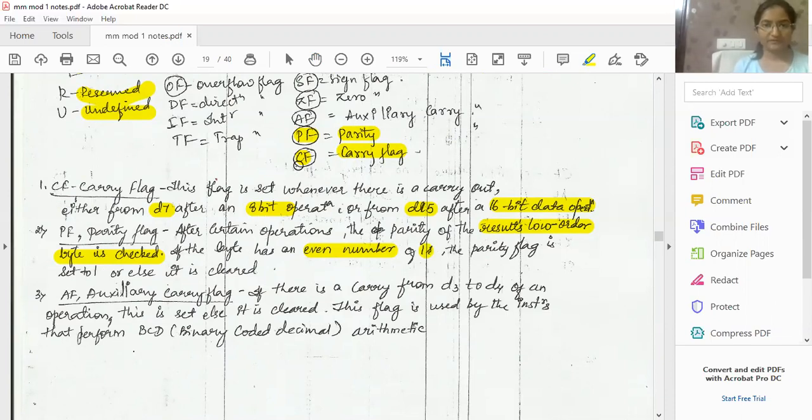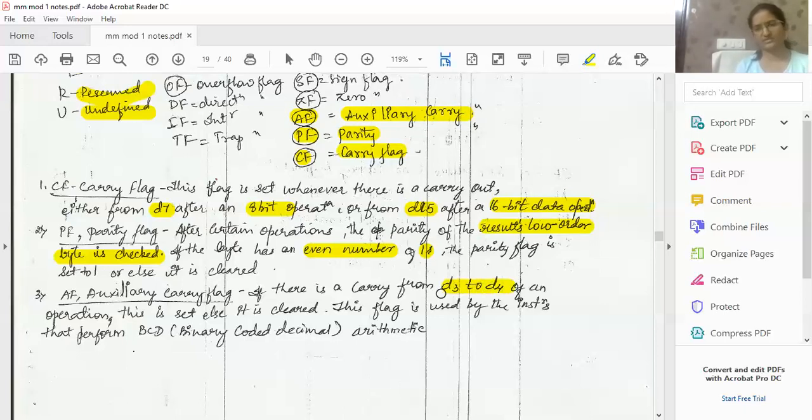Then you have the auxiliary flag. We have also studied the auxiliary flag in 8085. Hope you remember. If there is a carry from D3 to D4 of the operation, right?